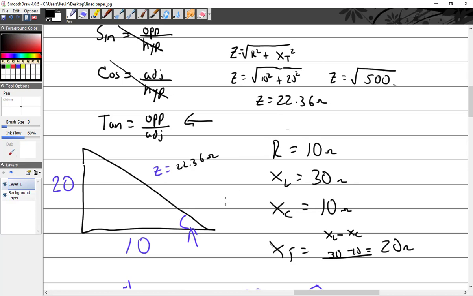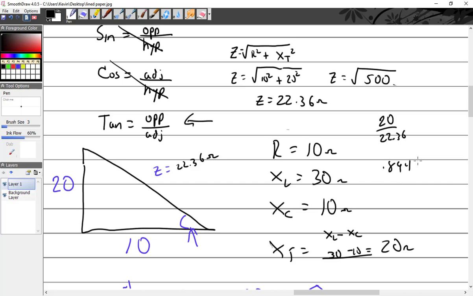Now I want to solve for this angle, but this time I want to use sine. It's getting a little messy, sorry. So it's opposite over hypotenuse. What is my opposite? 20. What is my hypotenuse? 22.36. So it's 20 divided by 22.36, which equals 0.894 something.